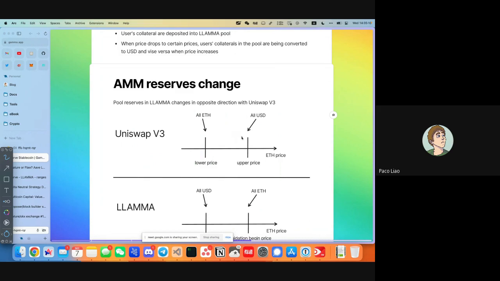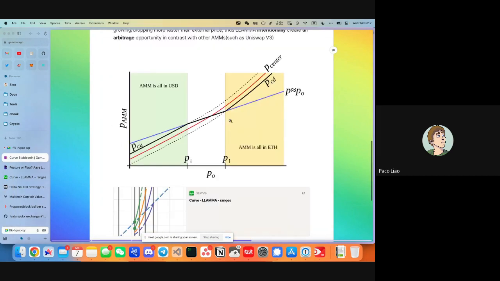And this is the same as when we come to P up. As the external price comes to P up, the lower price will be equal to the external price. So all the tokens in this range will be ETH. And if PO continues growing, this range will start to be out of range again, because the PCD is greater than PO.